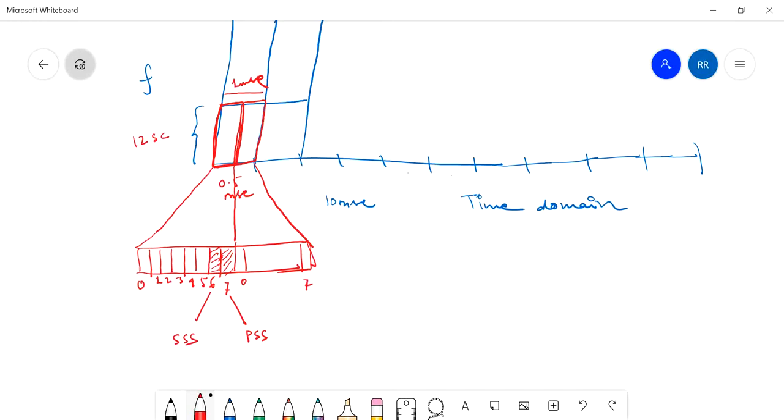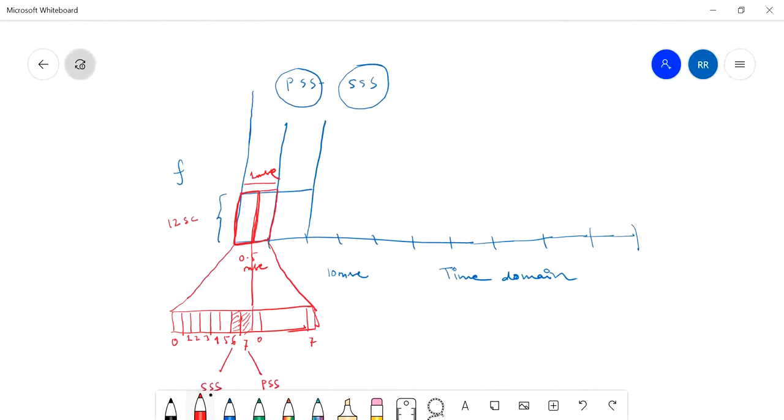This is the position in the time domain, and if we look at the frequency domain, it goes up to 72 subcarriers. So 72 subcarriers, where one resource block consists of 12, means 72 divided by 12 is equal to 6 RBs.